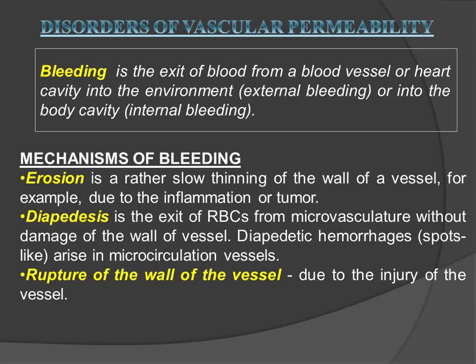It occurs in severe hypoxia, intoxication, infections, viruses, and hemorrhagic diathesis. Diapedesis hemorrhages can often be seen in hypertensive crisis, systemic vasculitis, leukemia, hemophilia, or uremia.